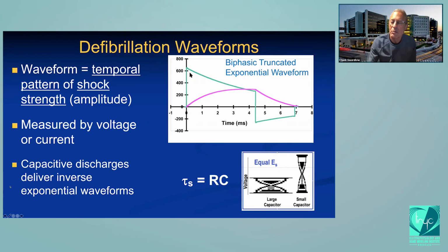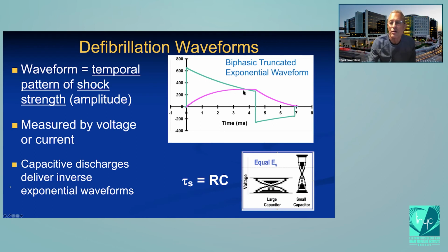Remember I said a capacitive discharge gives you an inverse exponential curve. Instead of letting that curve run out infinitely, we truncate the curve after a period of time and flip the polarity.